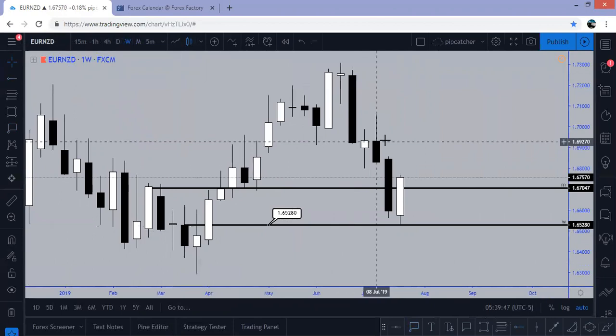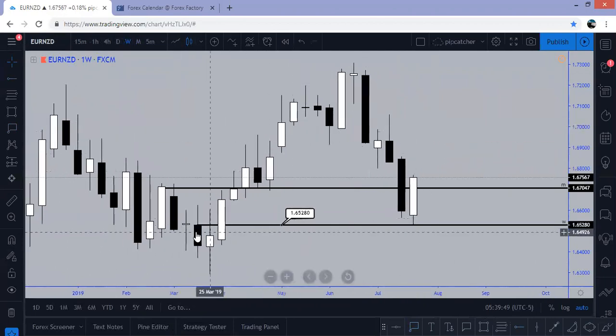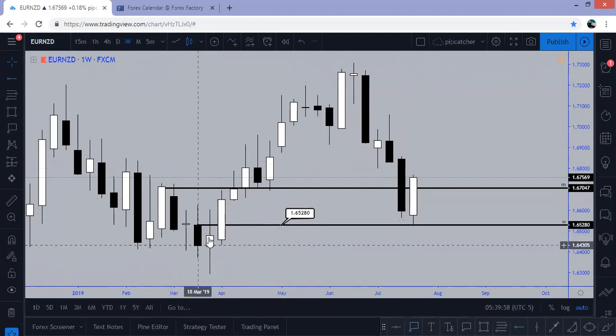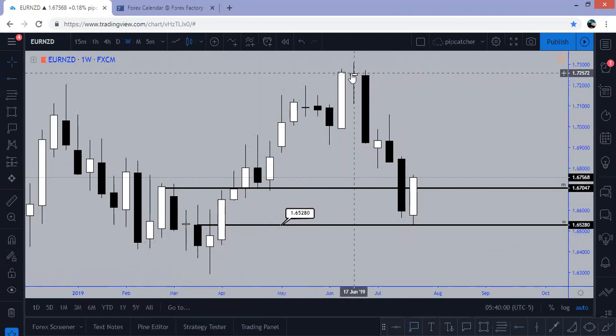Now you guys can see what's going on right here. This last down weekly candle before this long bullish move up, we came back into that weekly or monthly. We came back into that monthly order block zone, right?